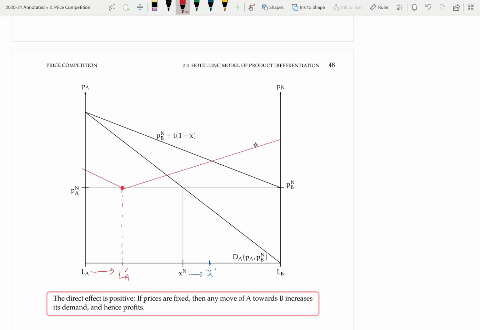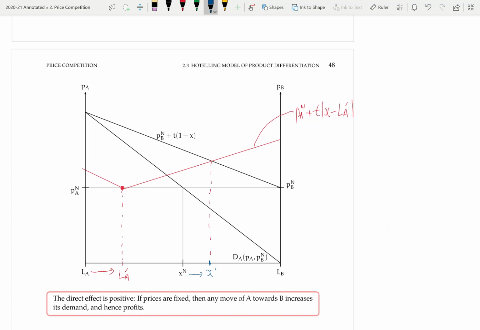This red line is the delivered cost line of firm A. It's the price of firm A plus T times the absolute value of the distance between X and LA dash. We can see the intersection of the delivered cost line for A, this red line, and the delivered cost line for B is at this point, which gives us X dash.